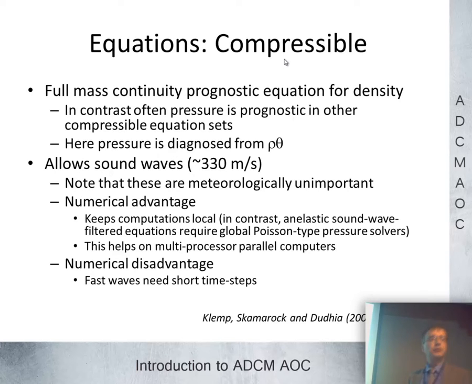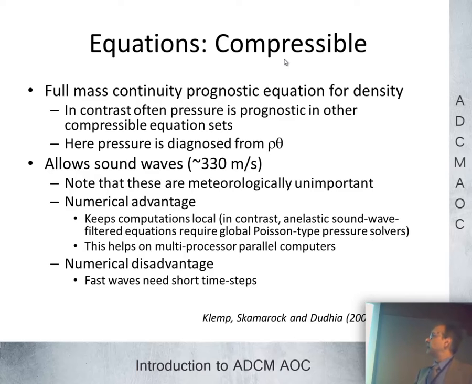They're also compressible. So we're dealing with the full mass continuity prognostic equation for density. In other non-hydrostatic models, pressure is often the prognostic variable, which I mentioned. We here use rho theta, and rho theta is the pressure in a sense. So we don't need a separate pressure equation, but we do have a density equation.